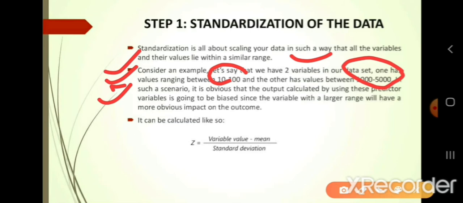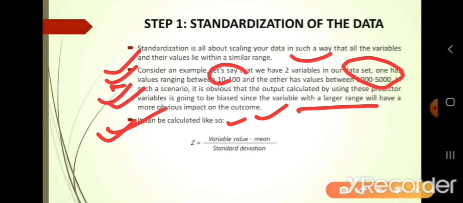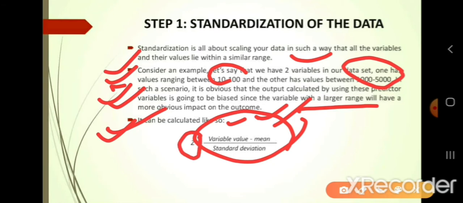The variable which has a large range of variation will have more impact on the outcome. So we will standardize all the data. Standardization is done by this formula: z equals variable minus mean, divided by standard deviation. Here z is the standard normal variate.